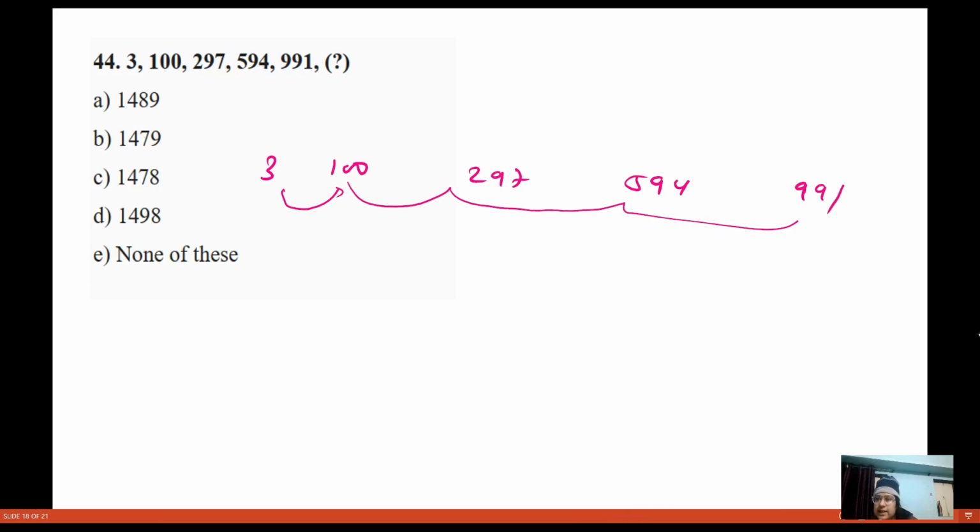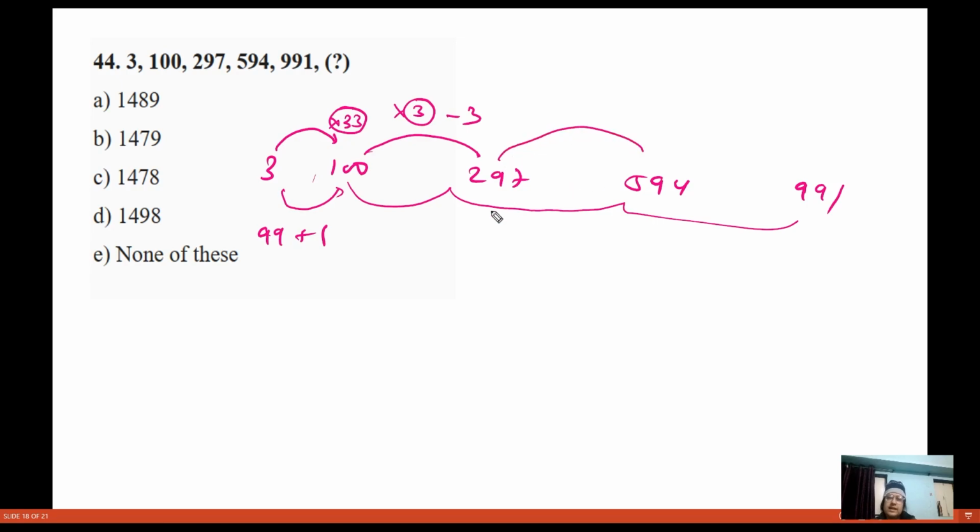Okay, let us try to do this question. So when we multiply, this is becoming almost 33 times because 99 plus 1. Then we are multiplying this by 3 only and then subtracting 3.